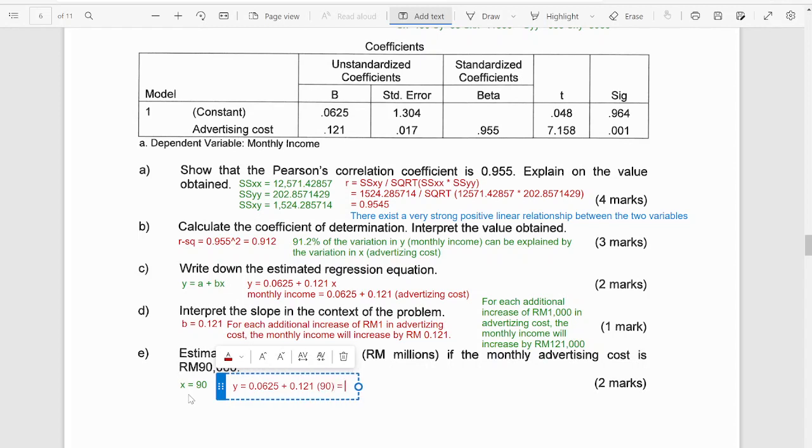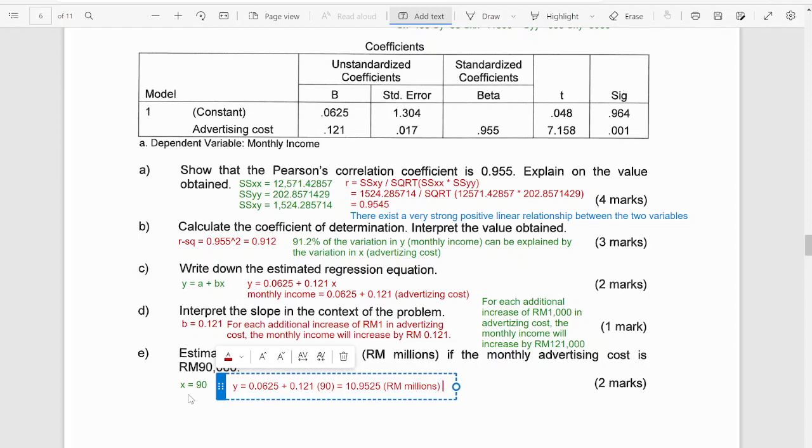If you calculate this, 0.0625 plus 0.121 multiply with 90, you get 10.9525, and this is in million, right? So RM 10.9525 millions.